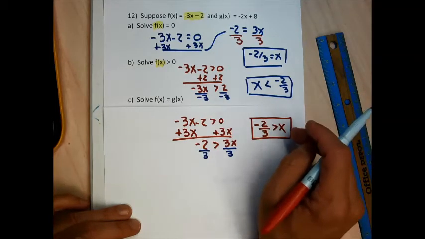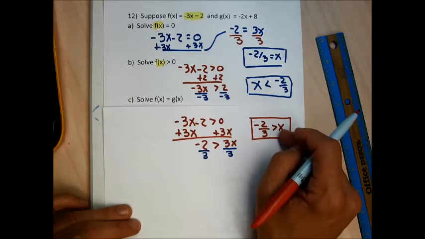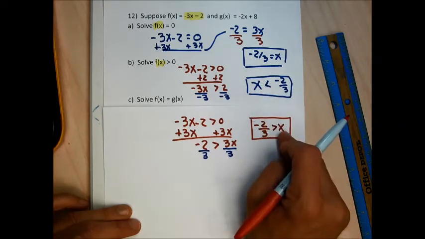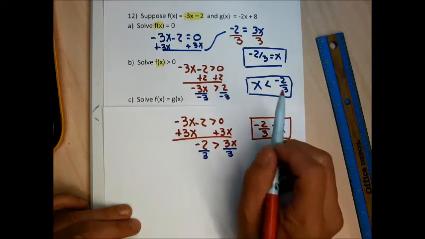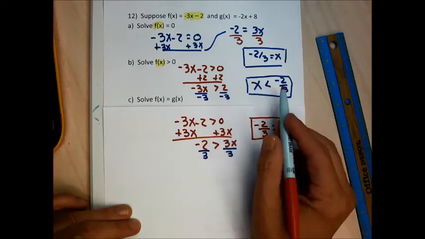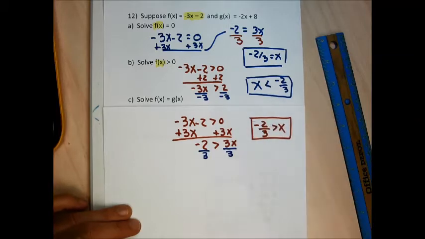The x is written on the left side in the original answer that I came up with. The x is written on the right side in the second answer I came up with. I can tell these answers are equal to each other because in both versions, the pointy part of the inequality is pointing towards the x, and the open side is pointing towards the 2/3.